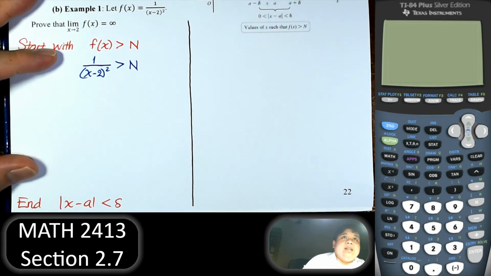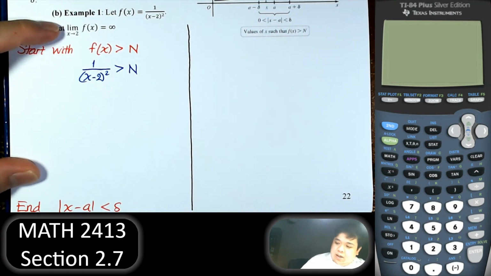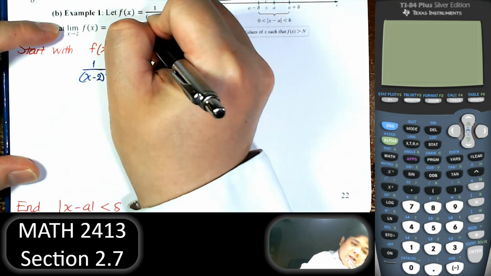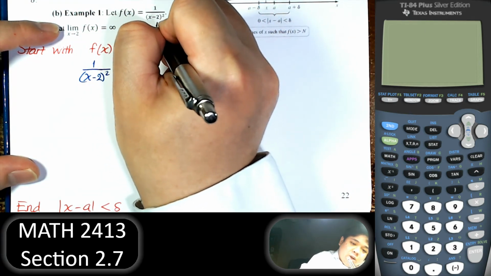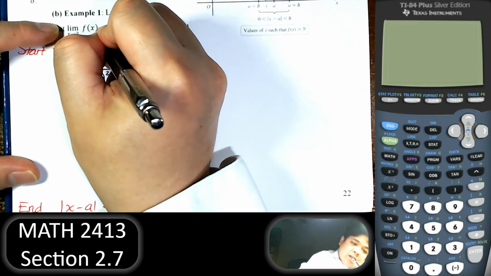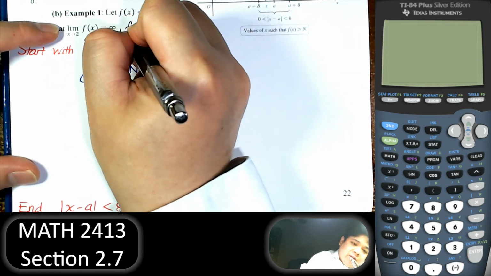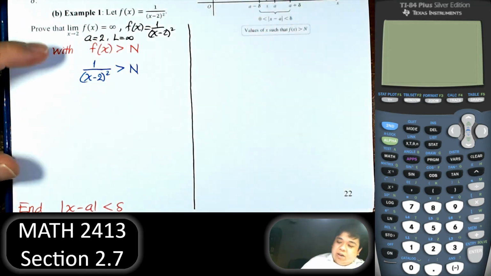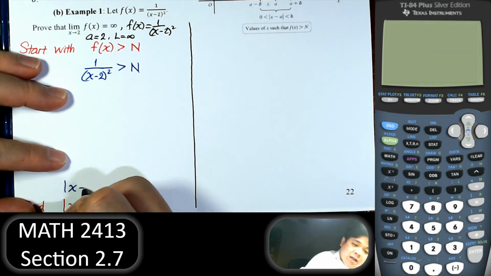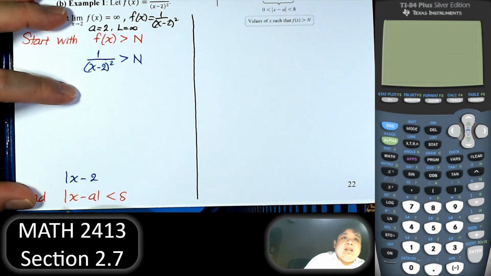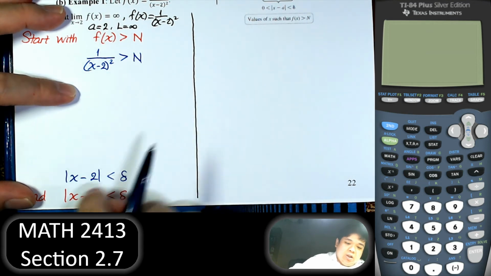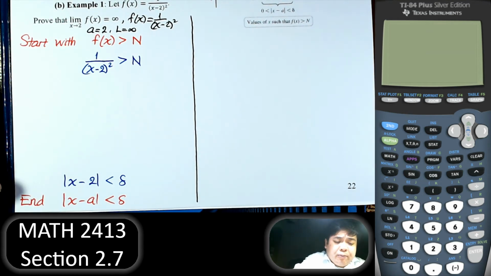In this case, let's just write out the function: 1 over (x minus 2) squared, a is 2 and L is infinity. We don't really need infinity, but we just need to write at the end absolute value of x minus 2 is less than delta. Right, we go from here to there. So how do we do that?